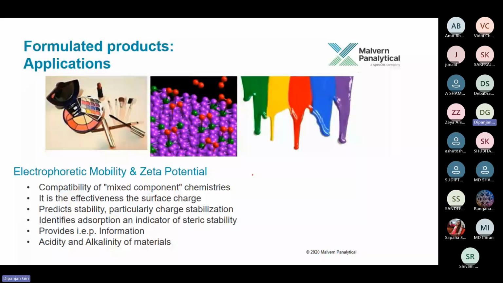It predicts the stability, particularly charge stabilization and adsorption, an indicator for stability. We can also get the isoelectric point information. It also gives the acidity and alkalinity of the materials.